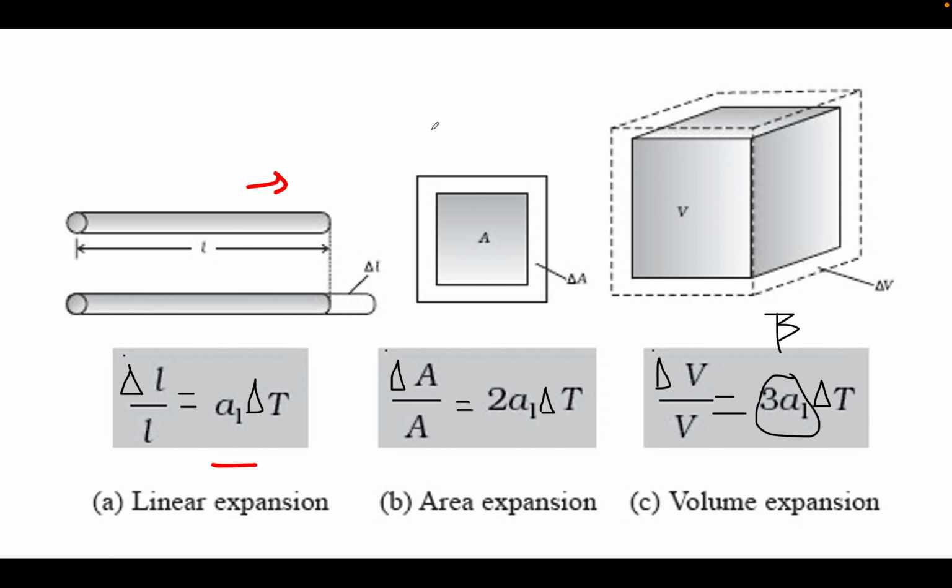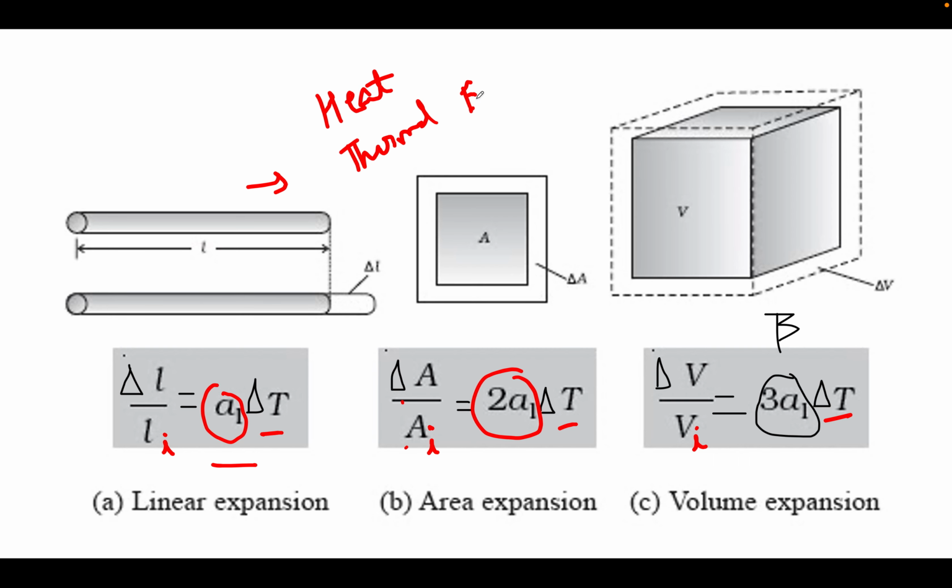If we talk about the area expansion term, again along two axes, it is delta A upon A, where A is the initial area, initial length Li, and initial volume Vi, and then again come the coefficients alpha, 2 alpha, and 3 alpha based on the dimensions, and delta T. What change in temperature has brought about these expansions in the substances? Why are they expanding? Because of only one phenomenon, that is heat, which is leading to thermal expansion in the material.